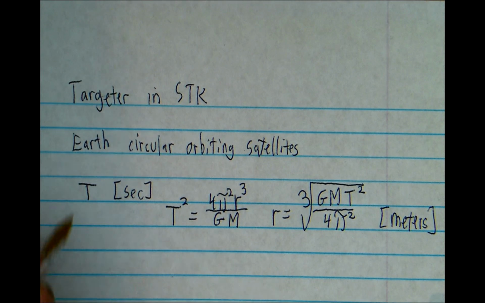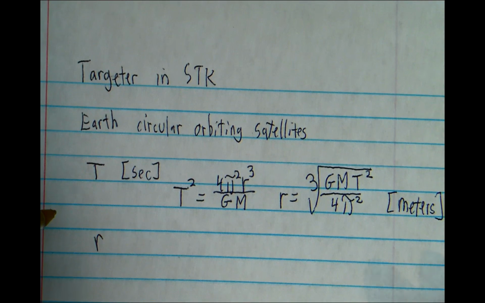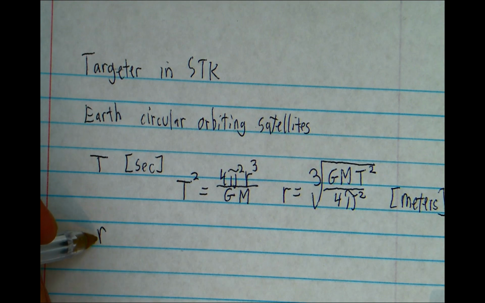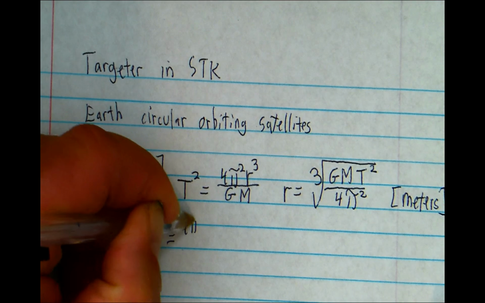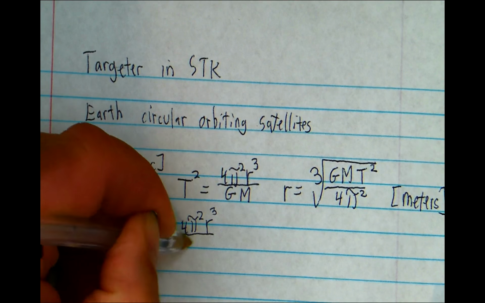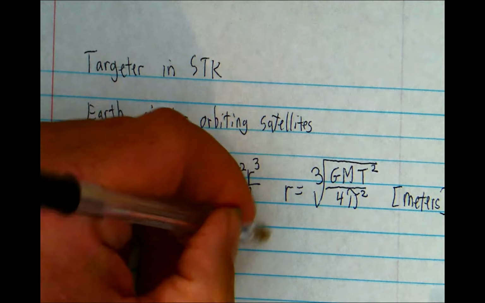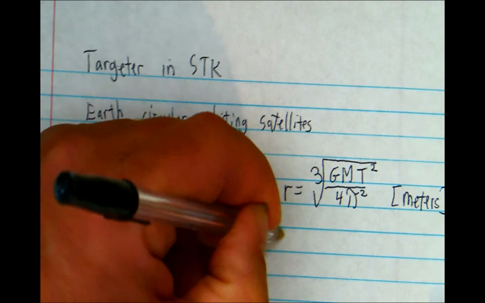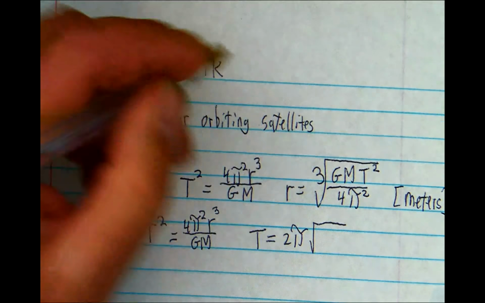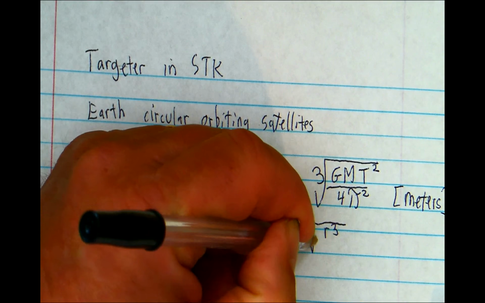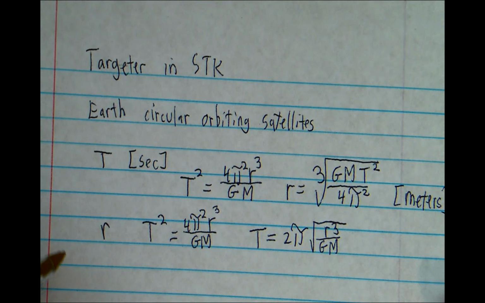Of course, using the same equation, if I give you the orbit radius, then you could solve for the orbital period if you need it. T squared equals 4 pi squared r cubed divided by G divided by M. After taking the square root of both sides, T would be equal to 2 times pi times the square root of r cubed over G over M. And this is great.